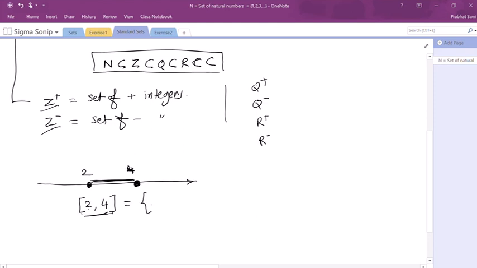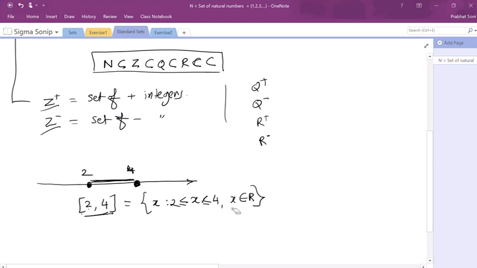If you want to write this, I can write it like this: x such that x is greater than or equal to 2 and less than or equal to 4, and I need to say that x is a real number. Now here I want to make it clear that if you don't describe this, then it is assumed to be a real number.